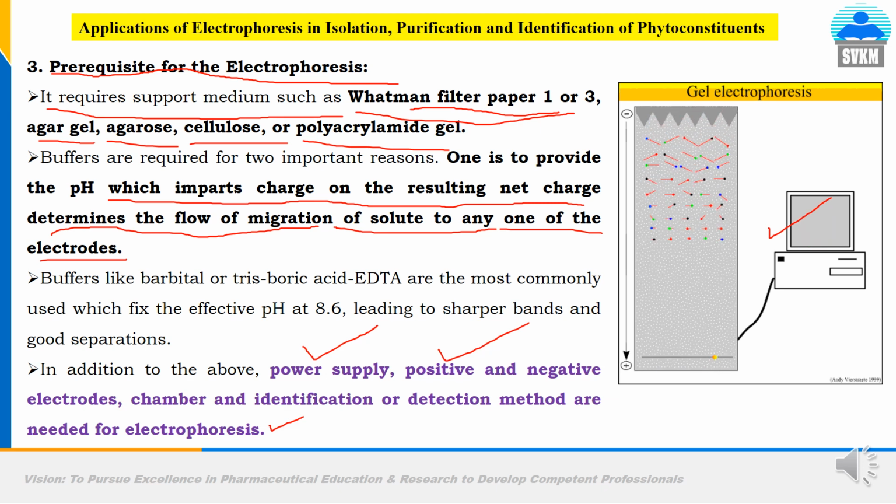As you can see here, there are positive and negative electrodes, and of course you will need a chamber where this whole process is carried out. Nowadays, instruments are so advanced that the detectors are integrated with the instrument, and the detectors give the whole information to the computer, which is used for further separation and identification.